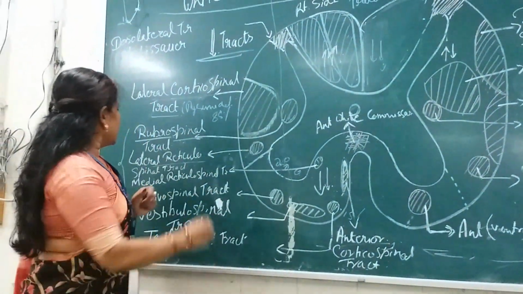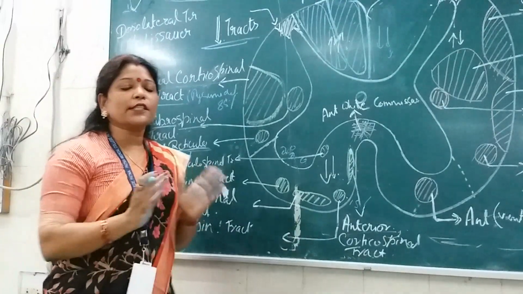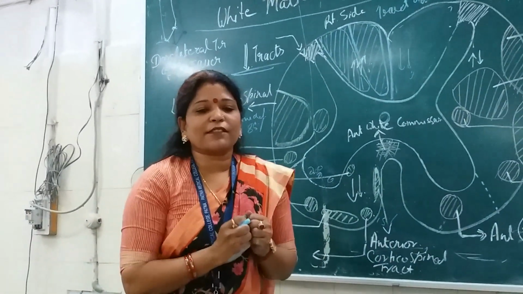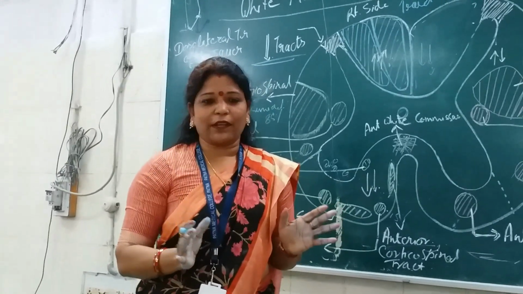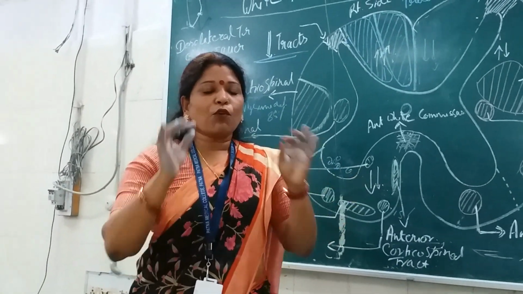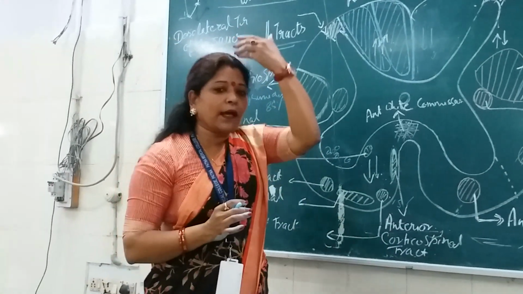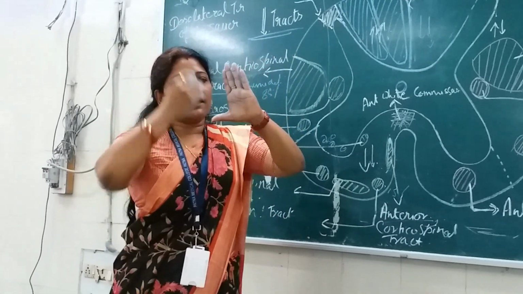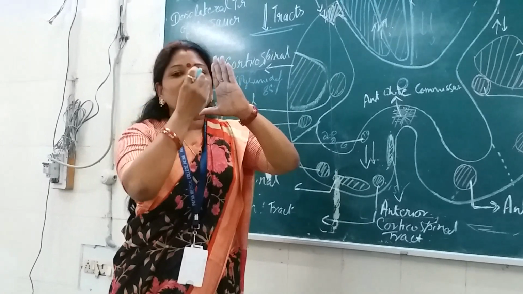Now, this word reticulo, what does it mean? In the neuroanatomy chapter, there is a chapter on the reticular formation, a very important topic. So, what is reticular formation? In the central axis of the brainstem, there are scattered masses of neurons.